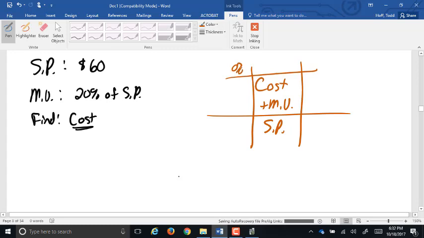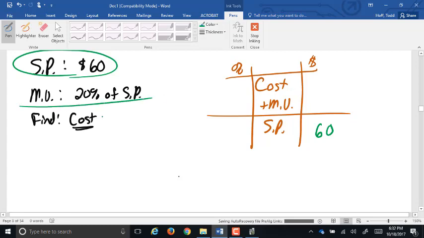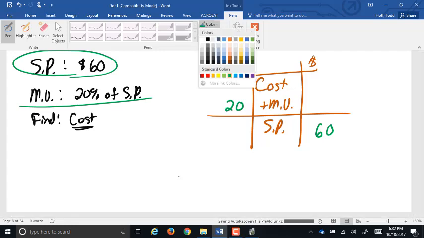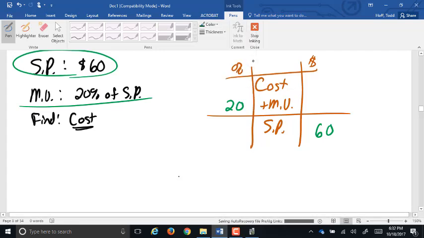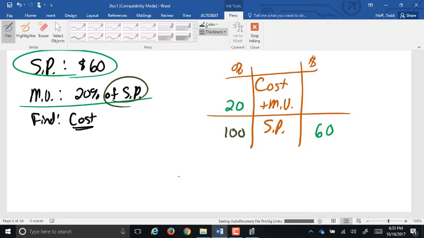So cost plus markup equals selling price. 60 goes dollar amount of selling price. 20% goes percentage of markup. Where does the 100 go? Selling price percent.